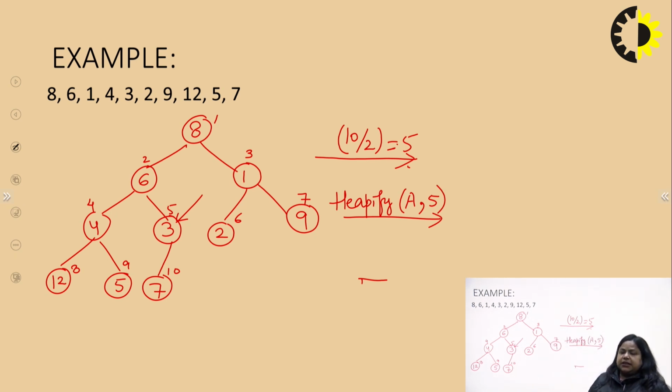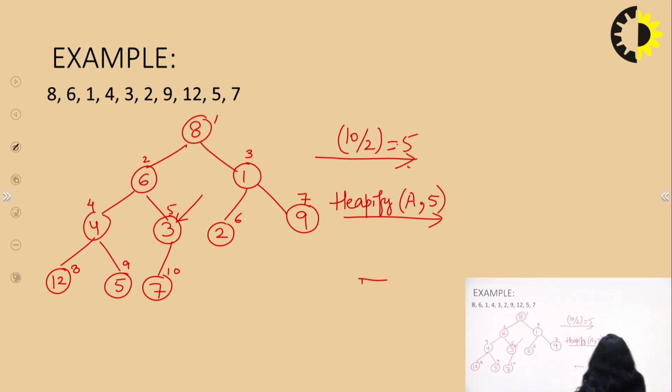So this is A, comma 5. Now in this case, there is no right child, so obviously we only check the position with the left child. If the left child is greater, then L becomes the largest. In the end, we swap the largest with the A[I] position. This is what we studied in the max heapify function, so we swap its position.